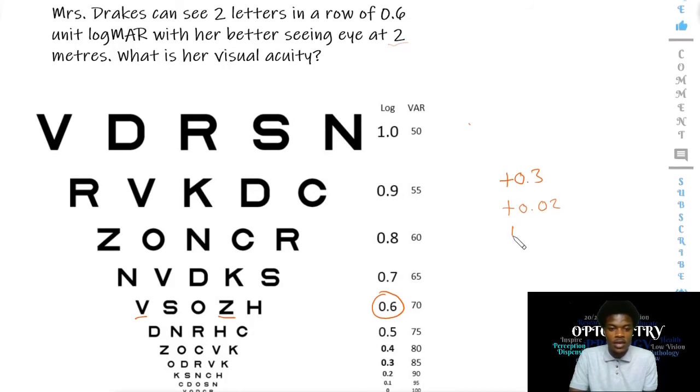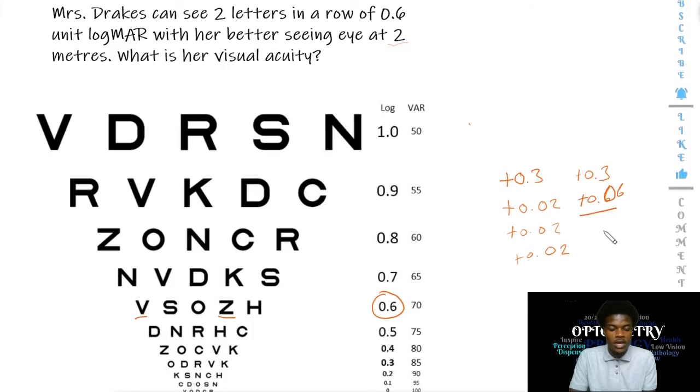So we can write out all of this here, but in terms of maths, we can just add this together in our head anyhow. So we know that this is 0.06, and we can add that directly there.